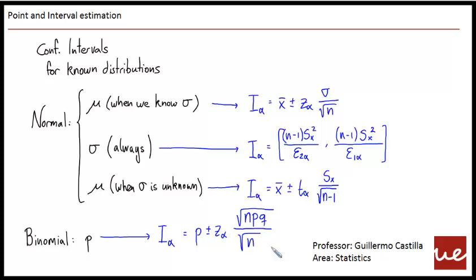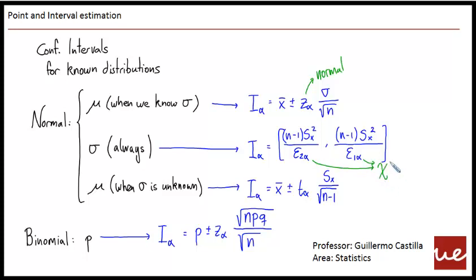I want to repeat that these are confidence intervals. So when I calculate these intervals, I have a 1 minus alpha % chance that the variable I'm looking for, mu in the first case, sigma in the second, mu in the third, and p in the fourth, will belong to that interval.